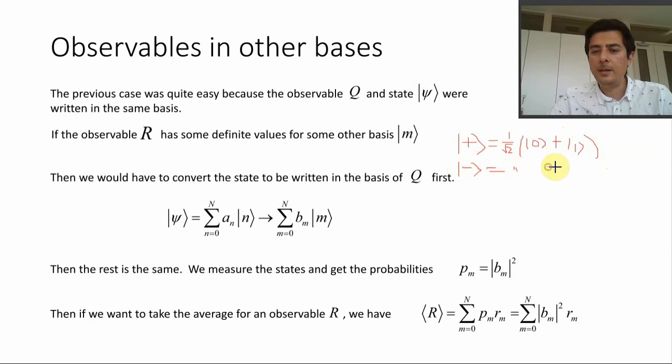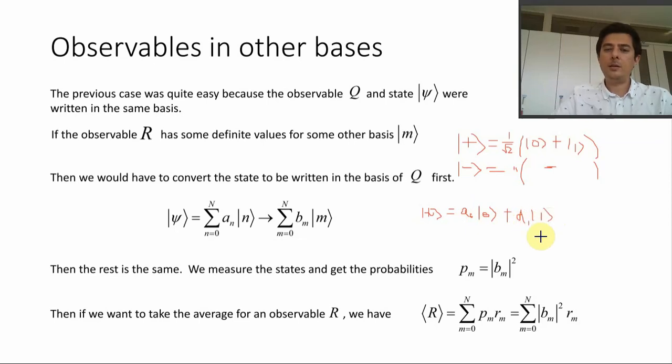So what if R was written in terms of this basis, but my quantum state psi was actually written as something like A0 with the state 0, and A1 with the state 1, right? In the previous page, these states were basically the same states as here, so it was kind of simple, but in this case, the R might have a different basis to the state.